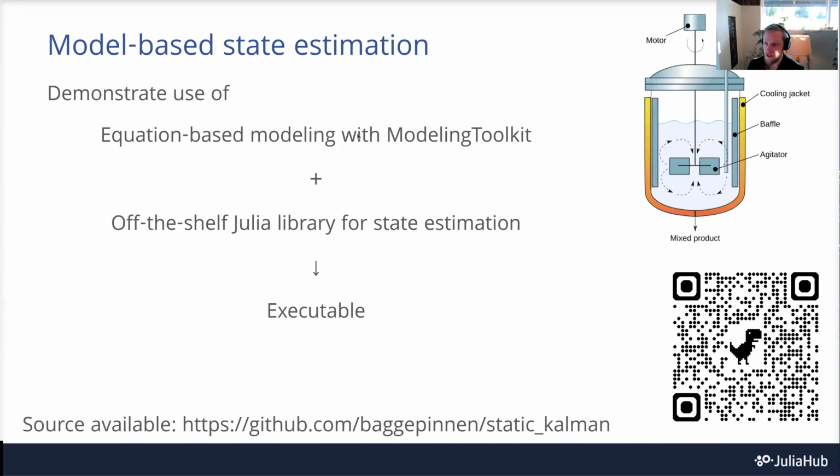All right, so the first demo with the model-based state estimation. I will use a Modeling Toolkit model. I will not go into details on either Modeling Toolkit or the modeling of the system in this webinar. I will just show the code that defines the model. The model is of a continuously stirred tank reactor. So we have a tank with a propeller in there that mixes its contents. And inside the reactor some chemical reaction is taking place.